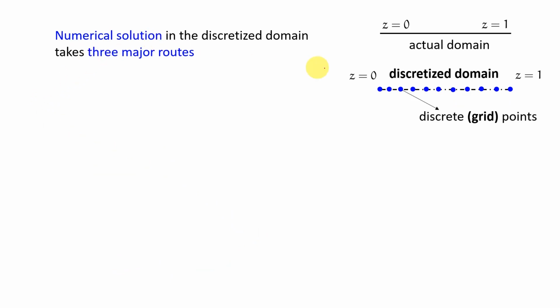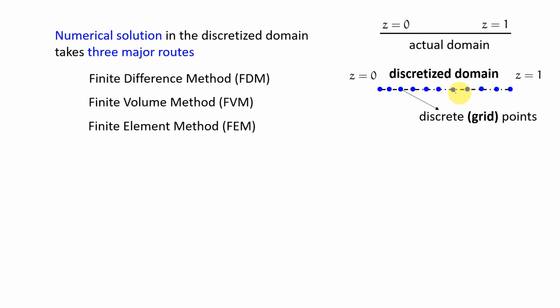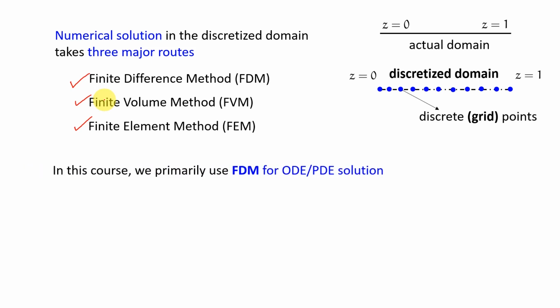Now, once we discretize our domain, we have to discretize the boundary condition and the governing equation. And it can take three major routes. We know that there are finite difference, finite volume, and finite element, three major methods that can be used to move further. In this course, of course, we will use the finite difference method.